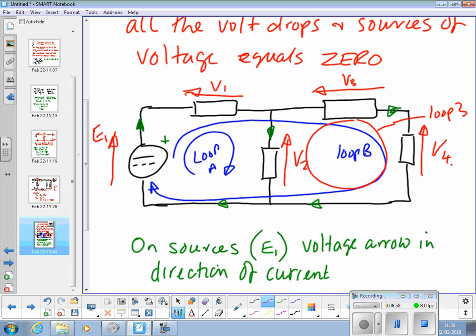We could use any of those three loops for the Kirchoff's voltage law equation to solve problems. It's any complete loop or path for current in a circuit. Any alternative one could be chosen. It's a bit muddled, that diagram, but it indicates what the law is all about.